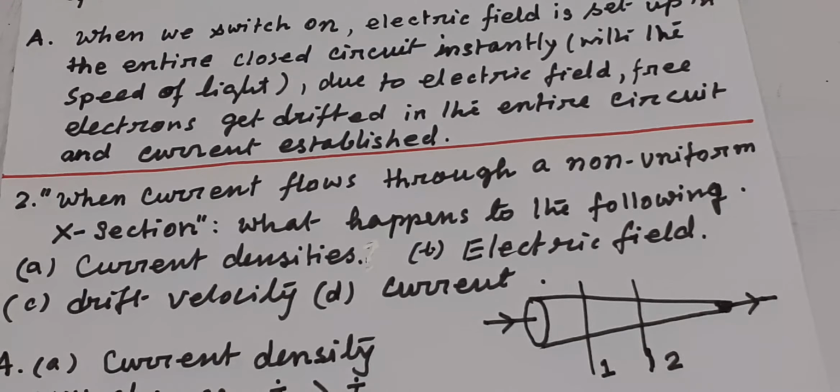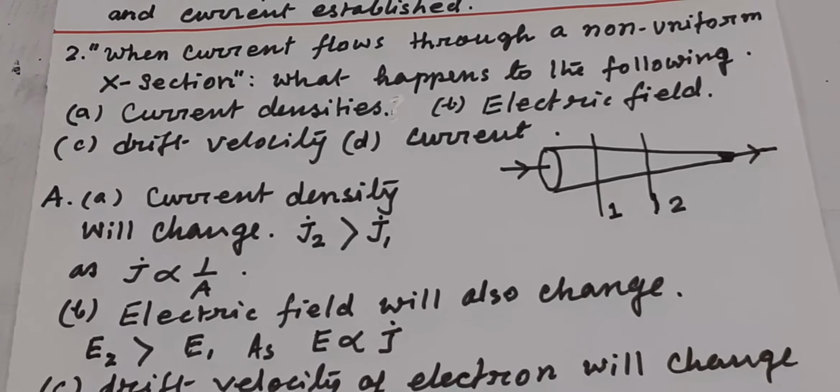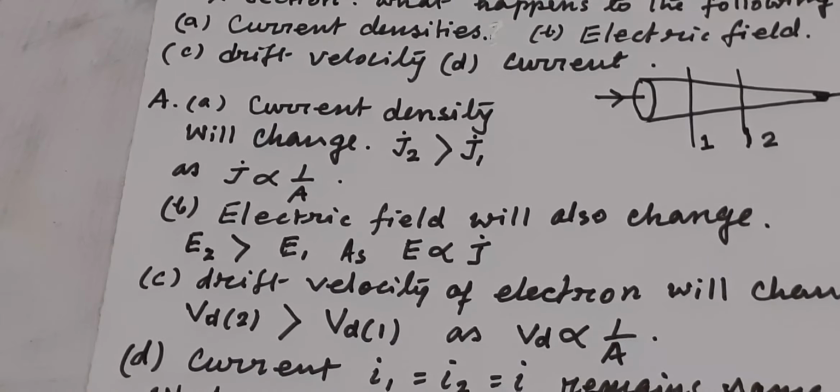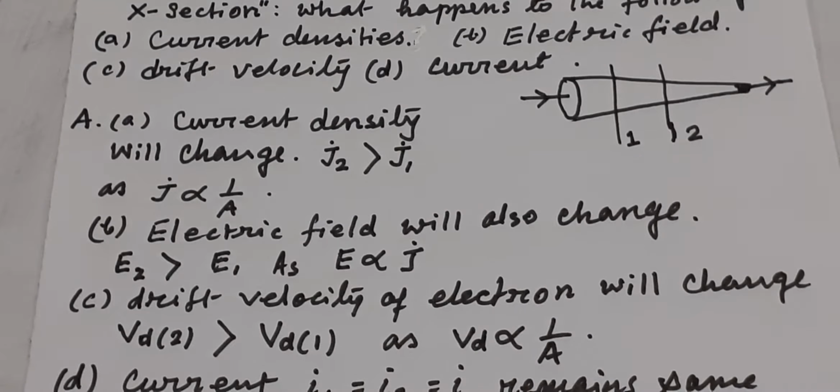As we know that the cross sections are non-uniform, the current density will be different at different positions. The cross section at 2 is less than the cross section at 1.